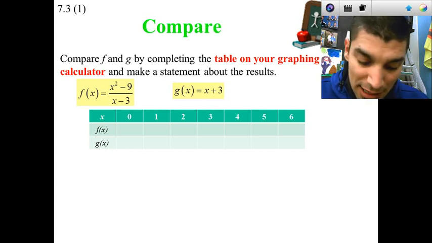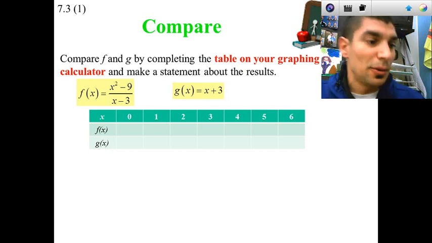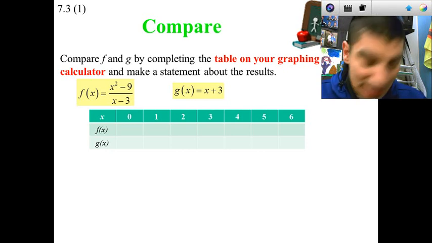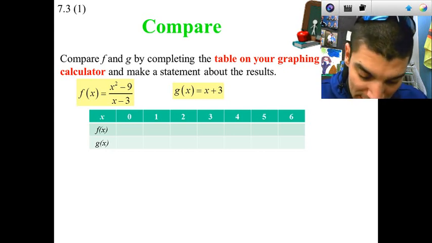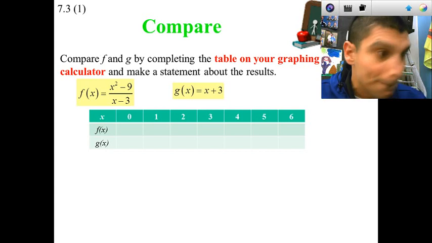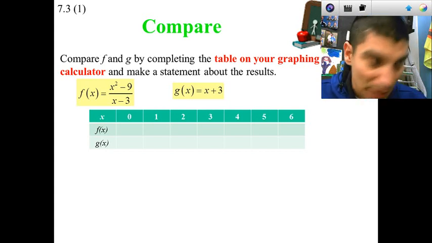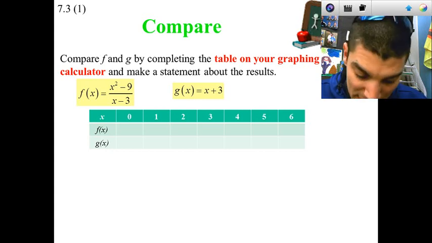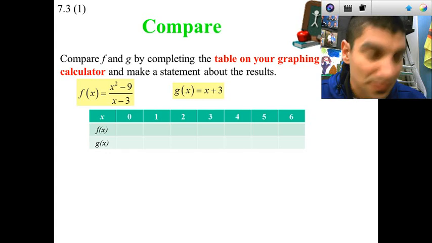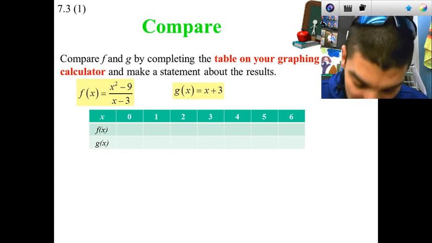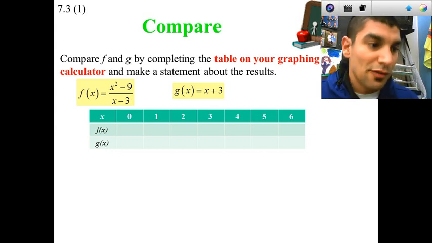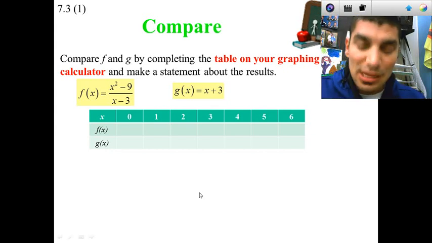I'm going to plug in parentheses, x squared minus 9, end of parentheses, divided by parentheses, x minus 3, end of parentheses, enter. Now I'm going to do x plus 3, because it's what it asked me to do. Perfect.